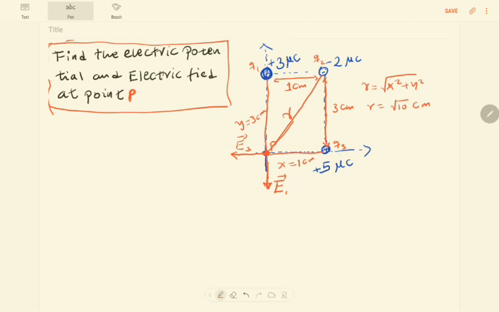As you see, it's in the negative x direction. And of course finally you have a negative charge Q2. So yeah, Q2 negative charge ስለሆነ it should point toward itself, the charge. So this is the electric field E2.